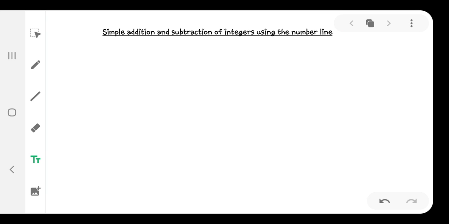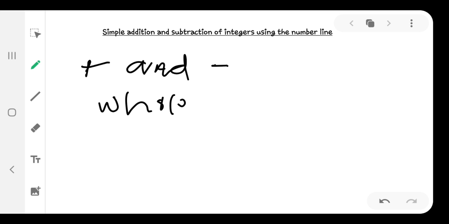Okay, let's get familiar with some of these terminologies, like integers. When we talk about integers, we are talking about positive and negative whole numbers.